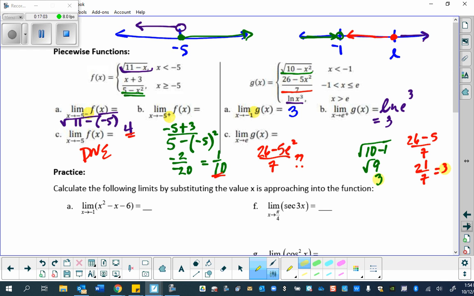The limit approaching -5 from one direction was not the same as from the other, so that whole limit does not exist. This one does exist, because as I'm approaching -1 from the left and right, I have the same value. My 3's matched.